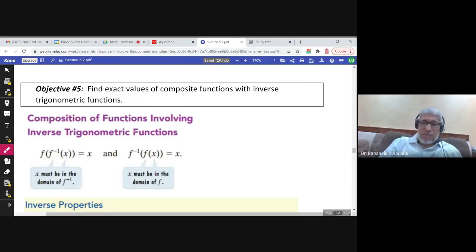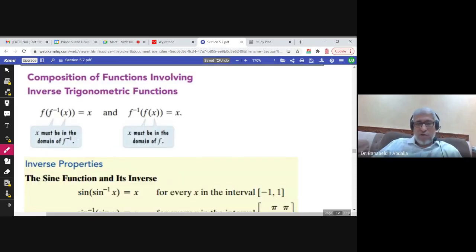Now, find exact values of composite functions with inverse trigonometric functions. This is very important, and please pay attention. We know that f circle f inverse of x is x, and f inverse circle f of x is x. But this formula works only if x is in the domain of f inverse, because x has to be the input of f inverse. X must be in the domain of f inverse here. And here, x must be in the domain of f for this to be true.